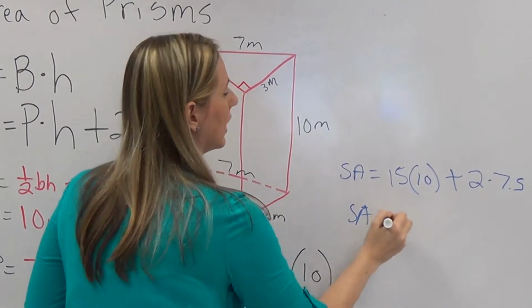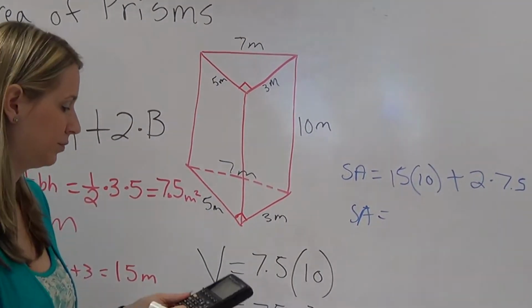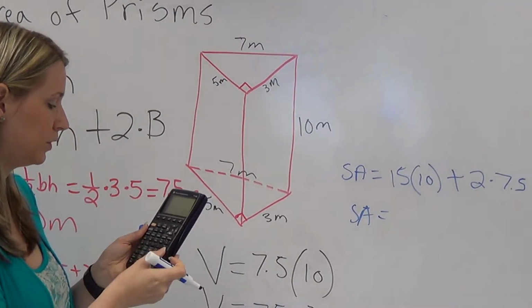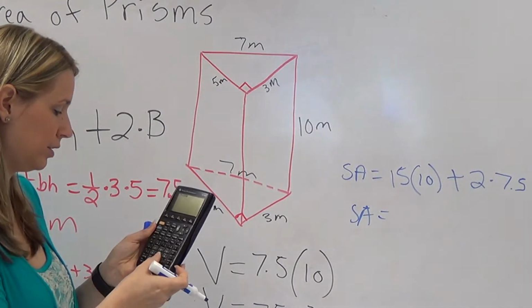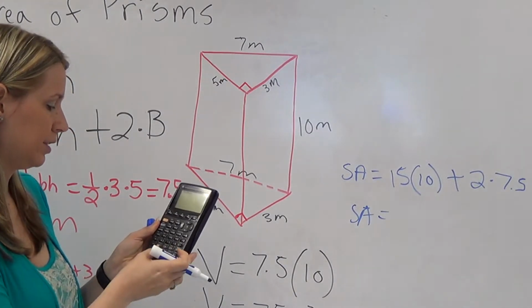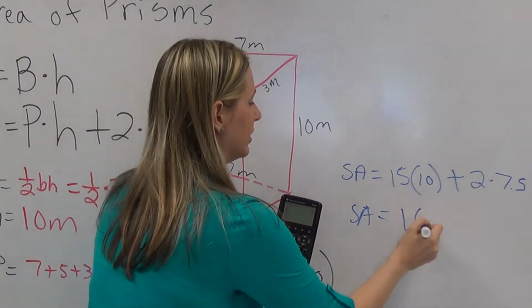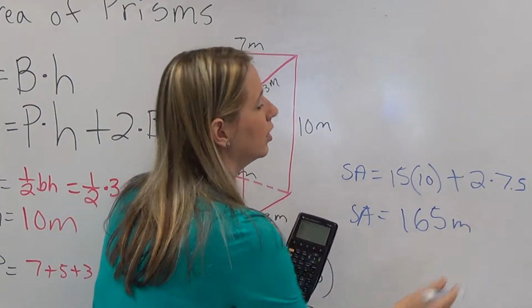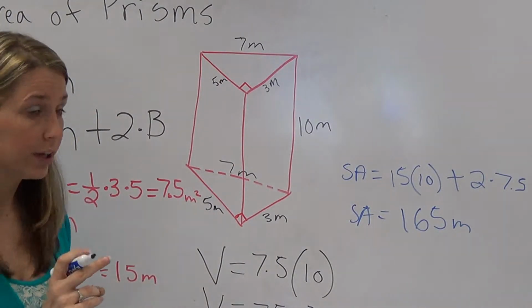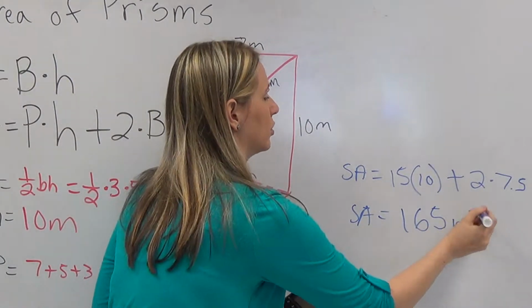And you can really just plug that in the calculator just like it's written. 15 times 10 plus 2 times 7.5. And you get 165 meters. And this is not volume, it's surface area, so meters squared.